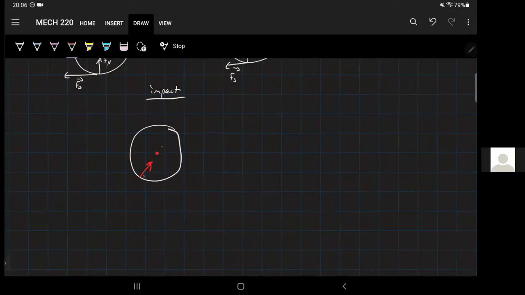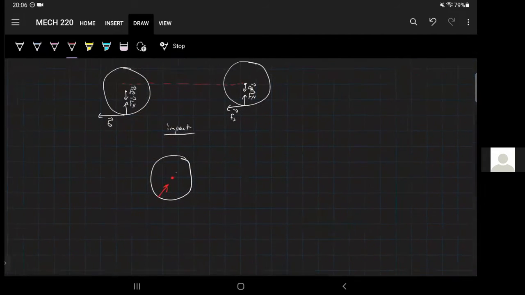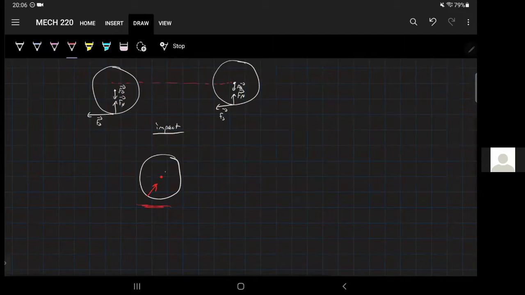So basically, you will not have any torque on the system throughout this problem because of this property, because it does not slip. If it slipped, and the normal force hit in a direction that was off center, then you would have some force vector this way, and some induced torque on your object.